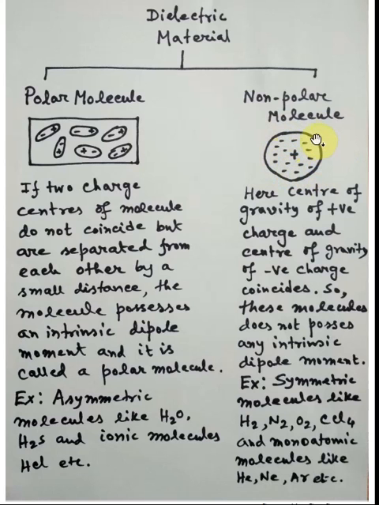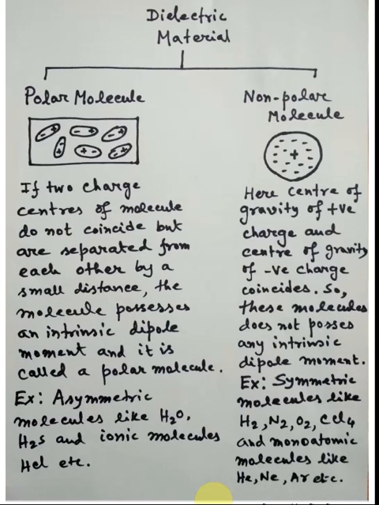Here the picture is very much simplified. We have considered spherically distributed electrons, that is, s orbital electrons are spherically distributed. So the center of gravity of the negatively charged electrons is at the center of this atom. So here the center of gravity of positive charge and the center of gravity of negative charge coincide.